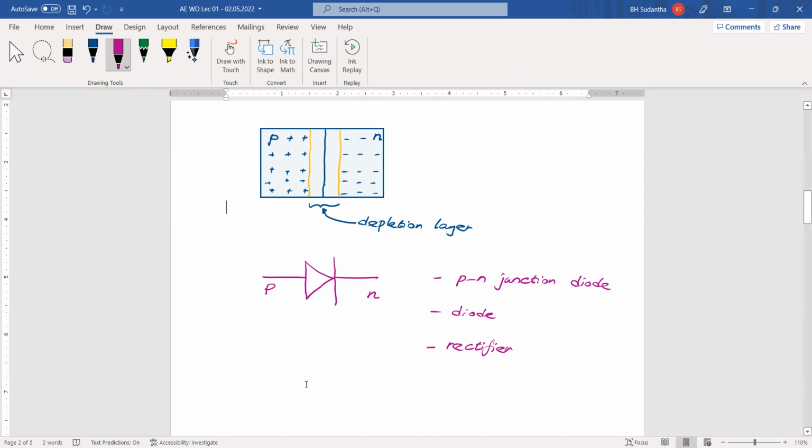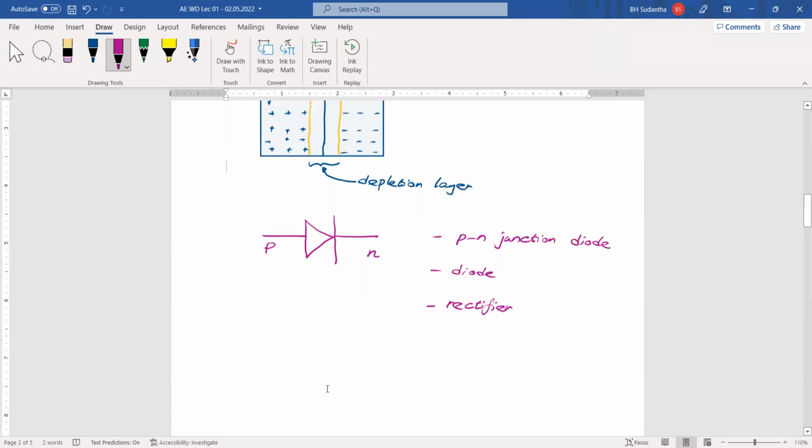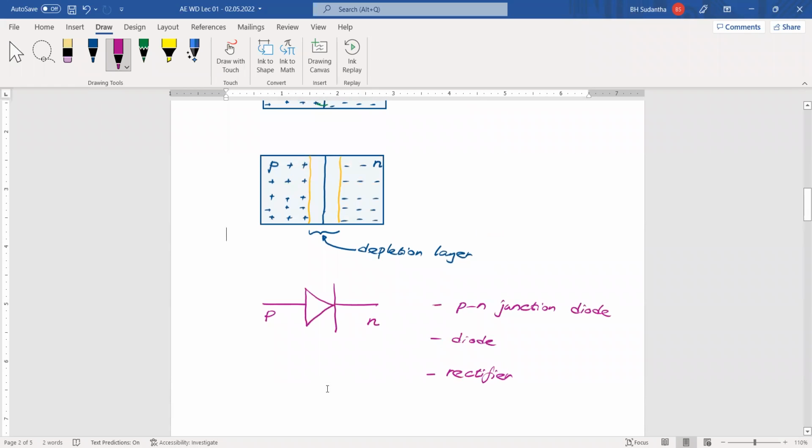Now let us try to understand how we can use this diode in various applications. First of all, we have to understand how we can send a current through this device and how we can apply voltage across it. Whatever component or device we use in electronics, we apply currents and voltages to it.